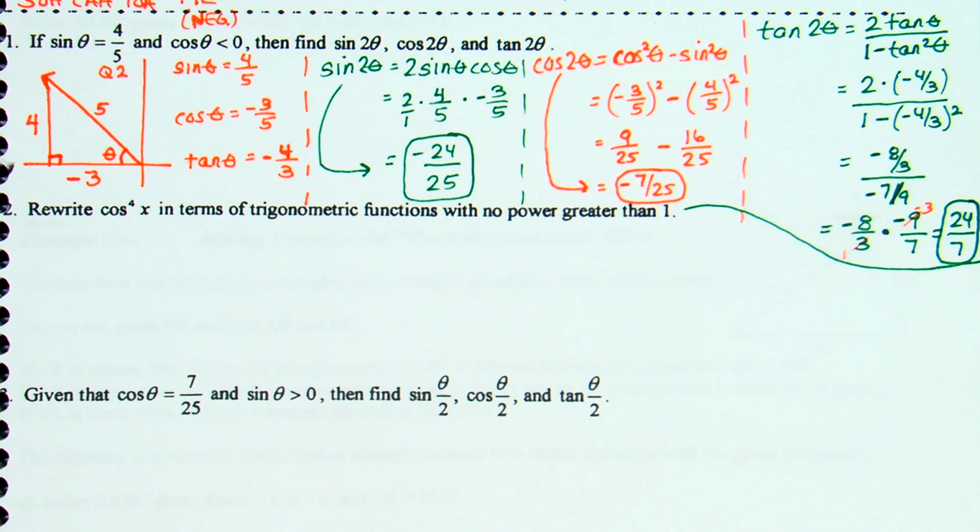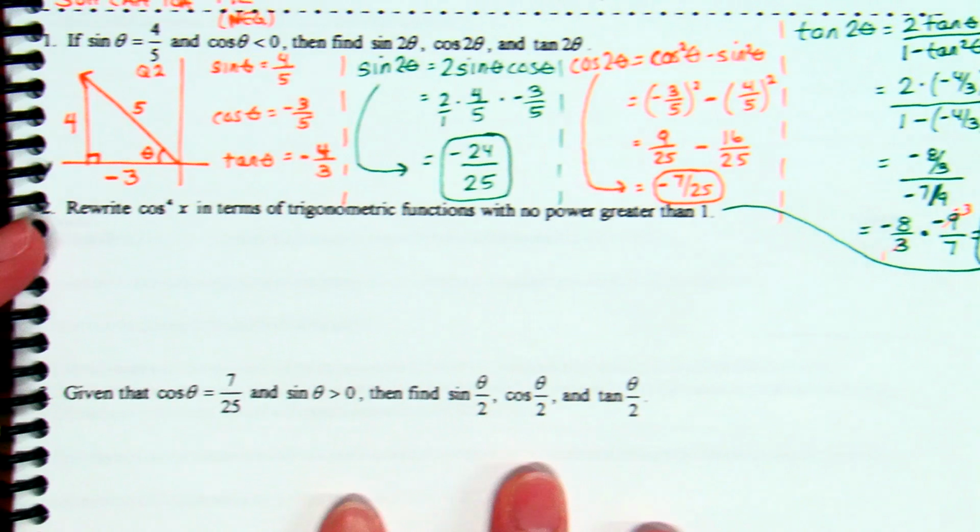It's cosine squared. The only power reducing identities we have are for squares. So what do you know about cosine to the 4th in relation to cosine squared? Yeah, you can either think cosine squared squared or cosine squared times cosine squared, yes? Okay. Let's see.